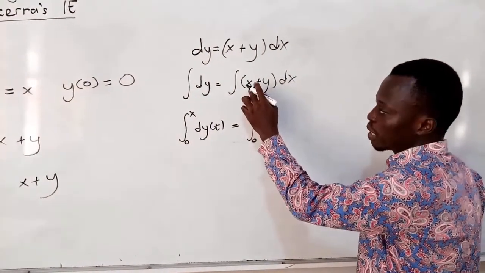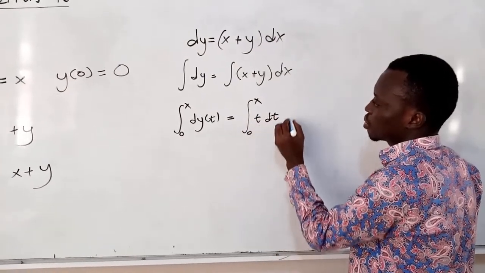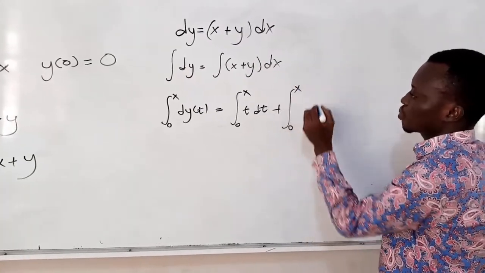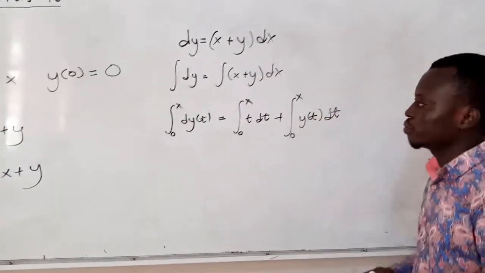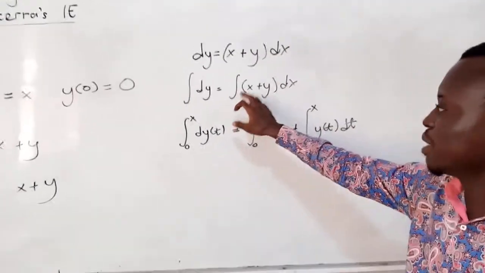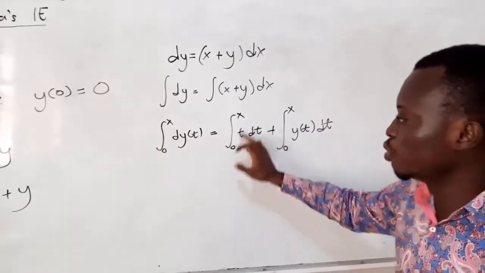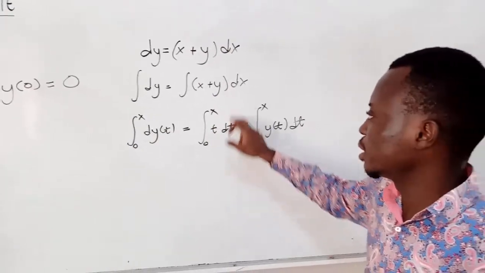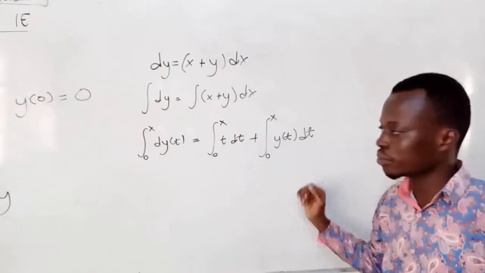This is a linear operator. I can rewrite it as integral of t dt plus integral of 0 to s y of t dt. If we multiply this by this, I'm going to get integral of what? s ds. But since we are integrating from 0 to s, we change the s here to t and dt. The s here to what? t. That's why we're having this equation.